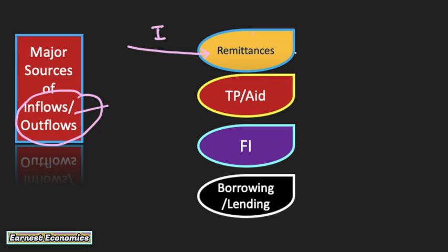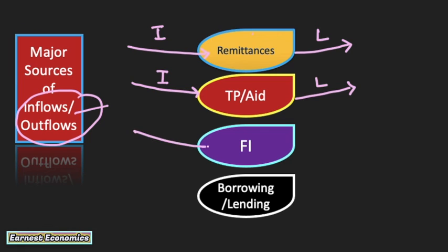The circular flow of income will increase. If remittances move out to the rest of the world, it will serve as a leakage rather than an injection. Similarly, another source of inflow is transfer payments or aid. If it is coming into the country, it will serve as an injection. If your country gives aid to some other country, it will serve as a leakage.